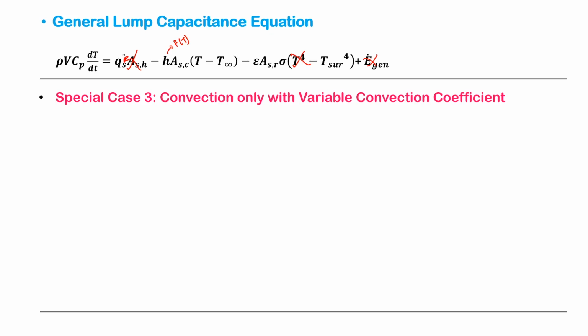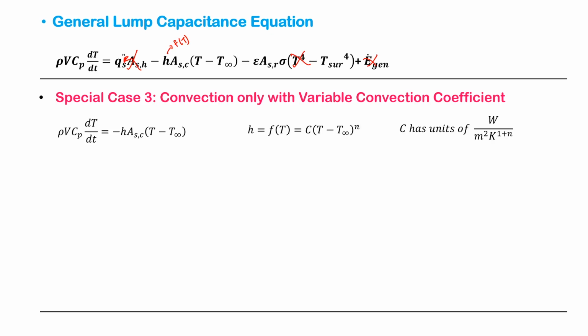Now let's say we have an empirical expression that describes h as a function of temperature. How do we analyze these problems? Let's say h is a function of temperature and given in this form. Okay, so this is a special case.